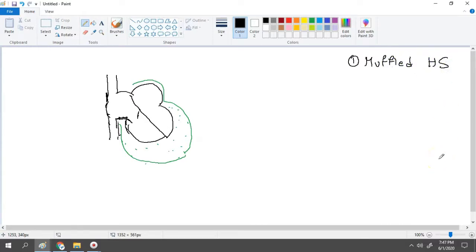Very simple reason. There is a lot of fluid collected between the heart valves which produce the heart sounds and the chest wall. So the heart sounds are muffled.